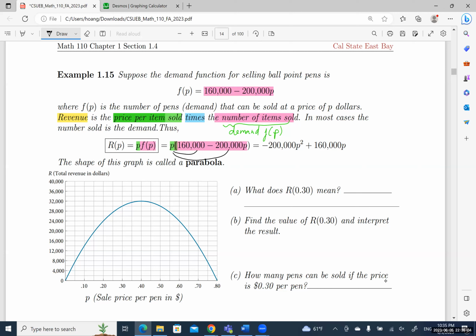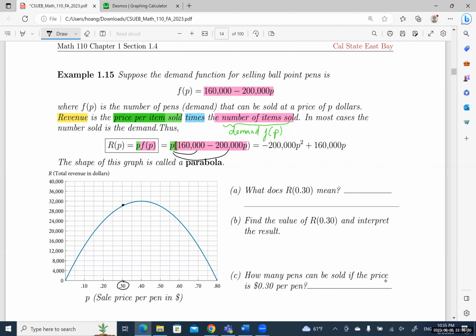So what does the revenue at 0.30 mean? I have 0.30 here. I'm going to move to that spot. What does that mean, right?